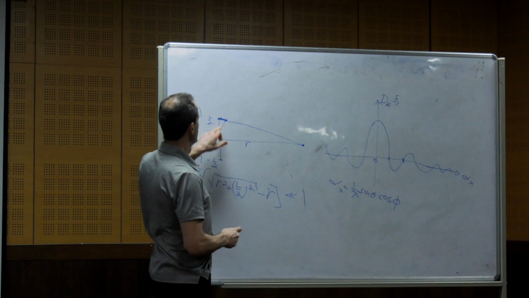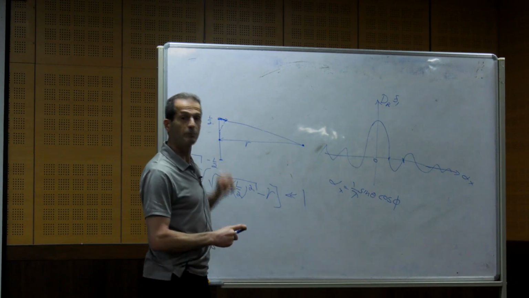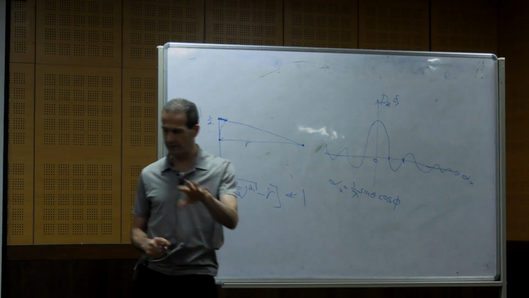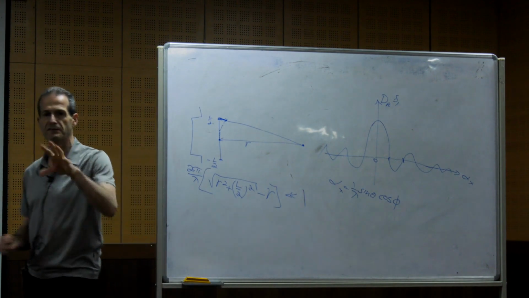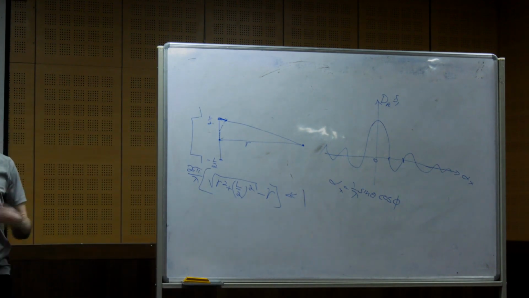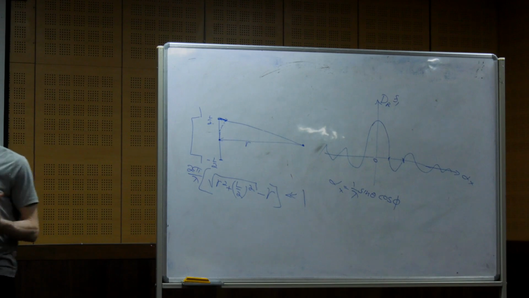Here, maybe I can design the aperture function. By the way, the design of the aperture function is a very important topic. It's called beamforming. Why is it called beamforming? This is how to change the directivity pattern.